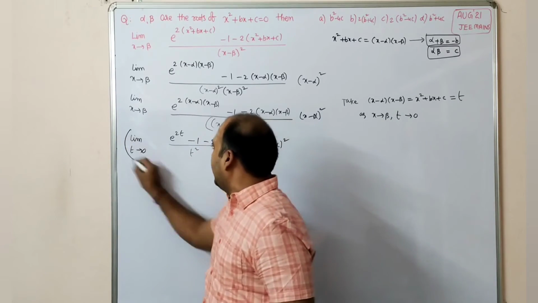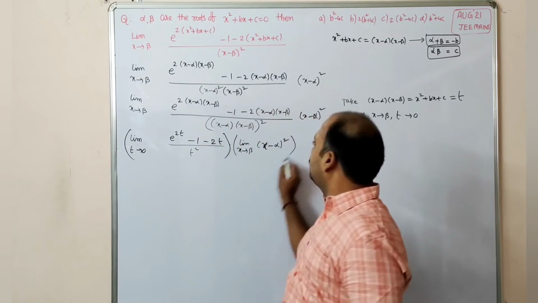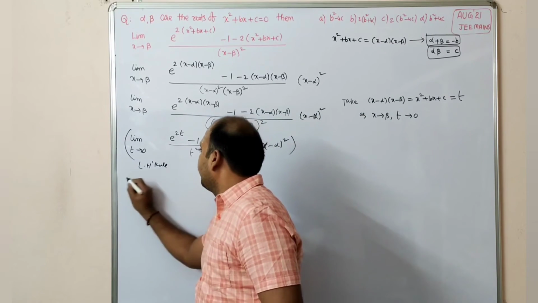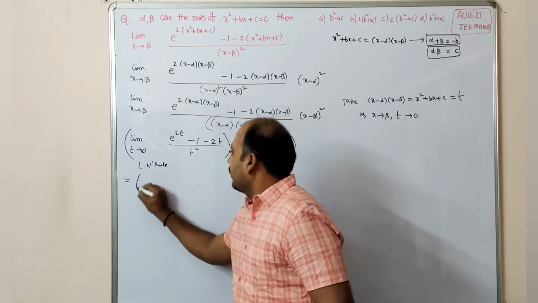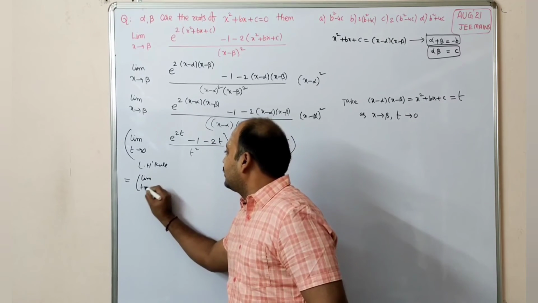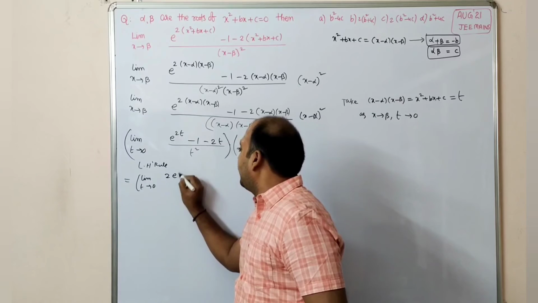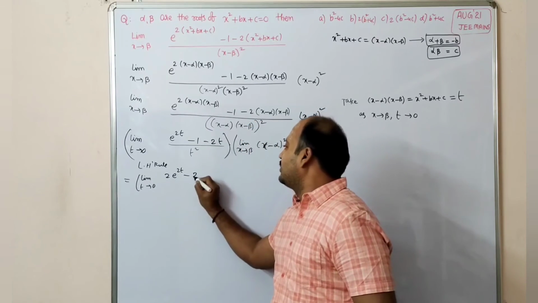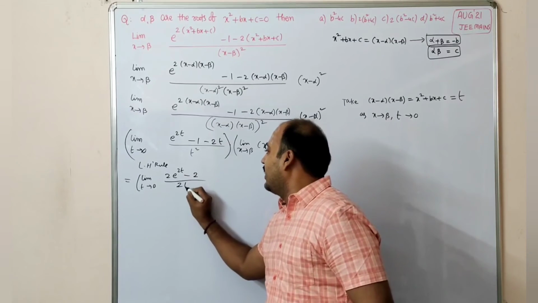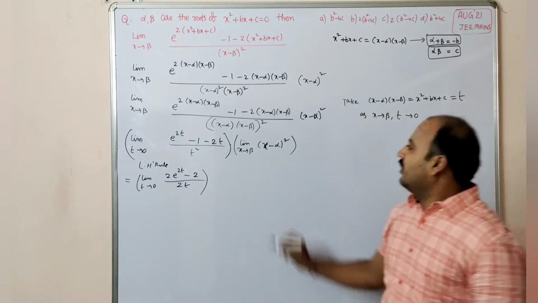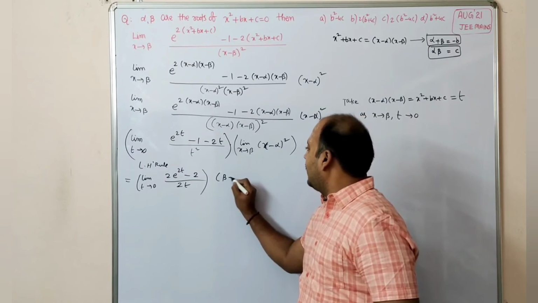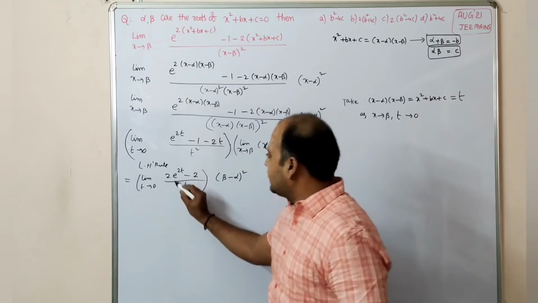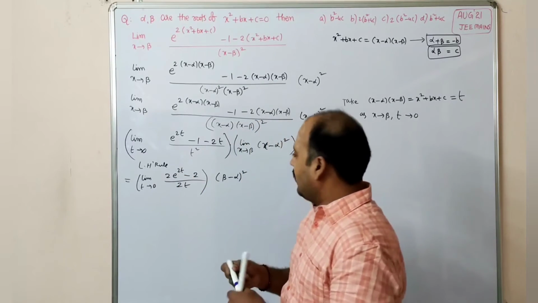So for this limit, you need to apply L'Hospital rule. By L'Hospital rule, it becomes limit t tends to 0 of (2 e power 2t minus 2) by 2t; the derivative of the constant 1 is 0, the derivative of 2t is minus 2, and the derivative of t square is 2t. X is equal to beta, substitute: (beta minus alpha) whole square. So take 2 common and cancel from numerator and denominator.